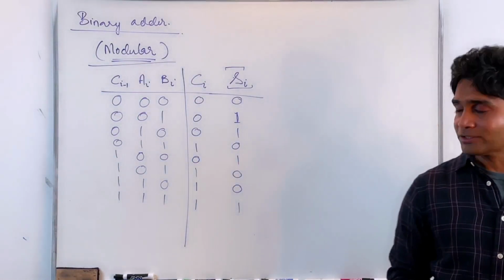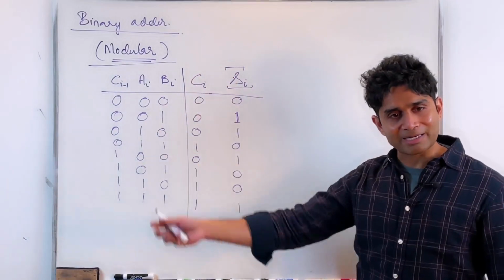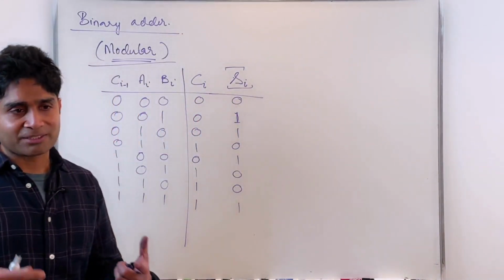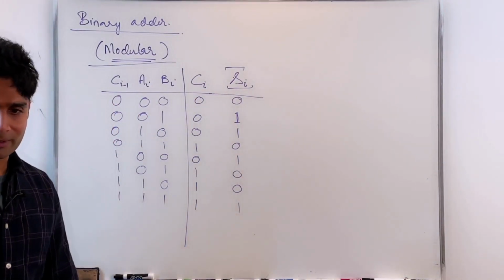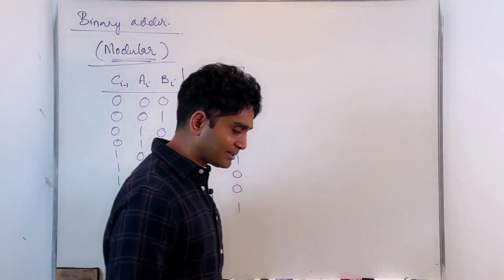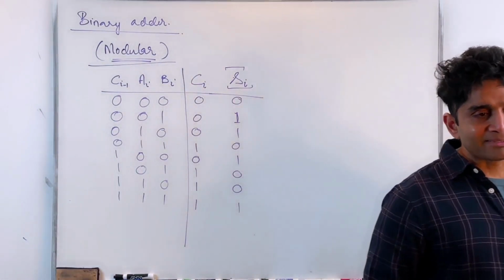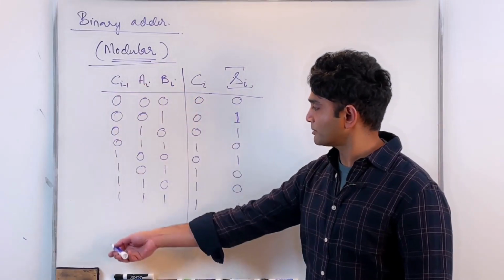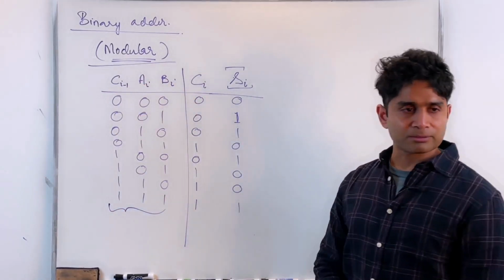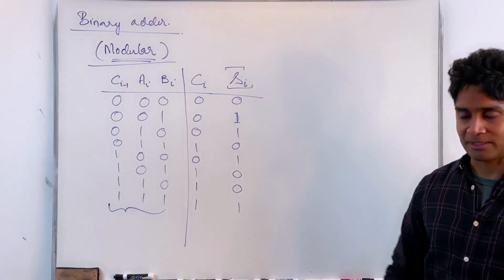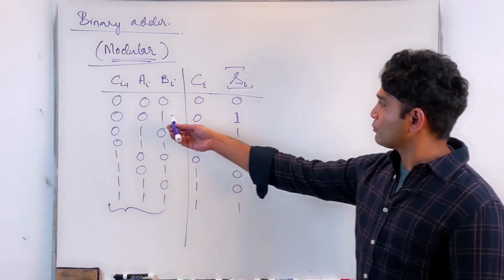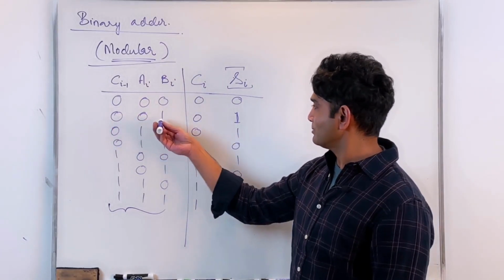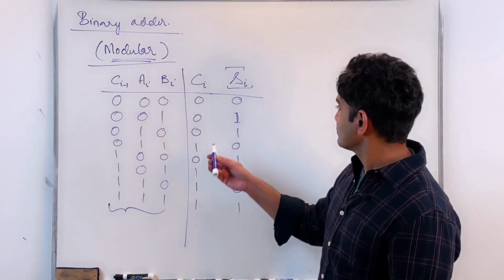It almost functions as an odd parity bit generator. I would not say almost, it actually functions as an odd parity bit generator. Although we did not intend it to be like that, it turns out that my Si actually is an odd parity bit generator. If you notice the input bits to my system, if the number of ones is odd, my Si is a 1.